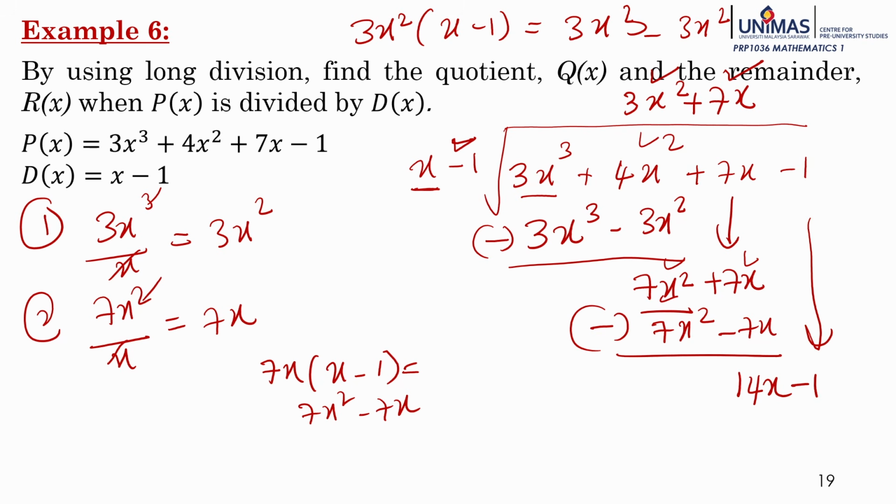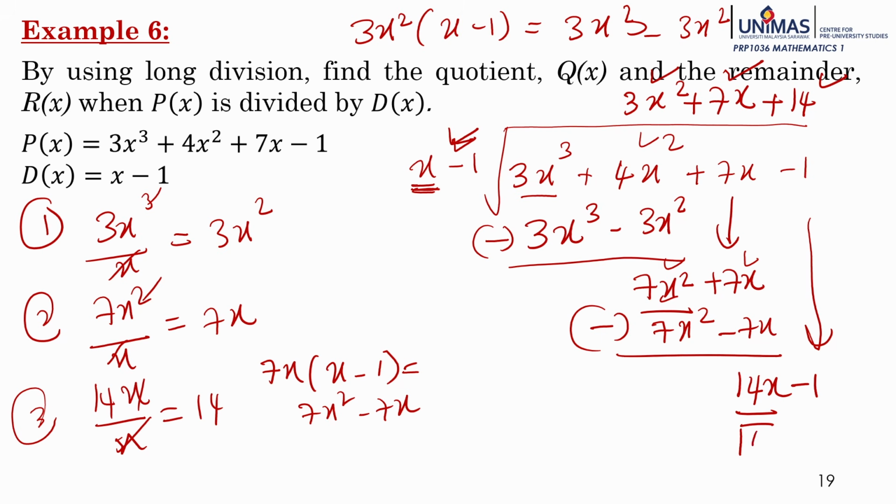Okay, then repeat again. 14x divided by x here, we get 14. So positive 14, that means plus 14. So 14 times x minus 1, we get 14x minus 14. And then subtract here.